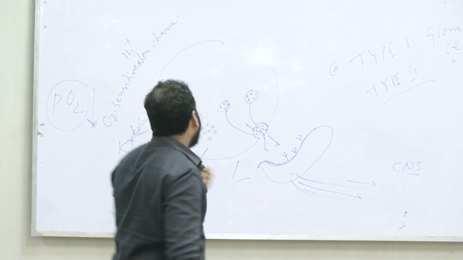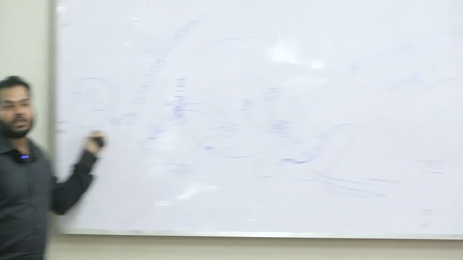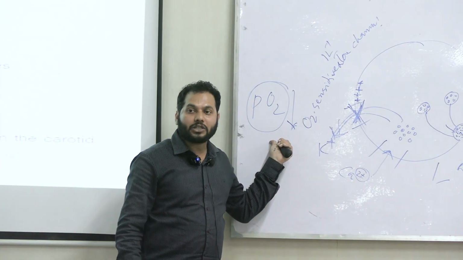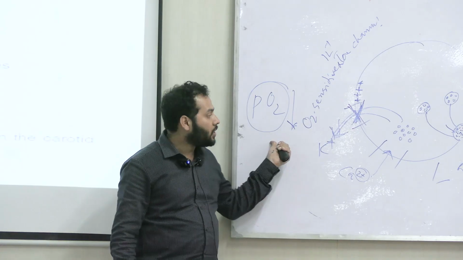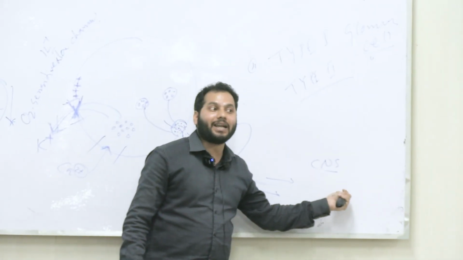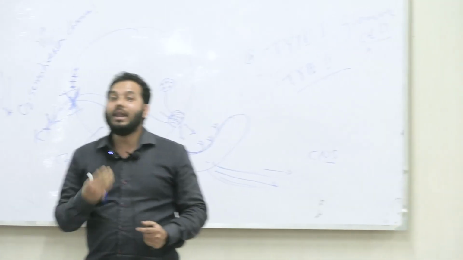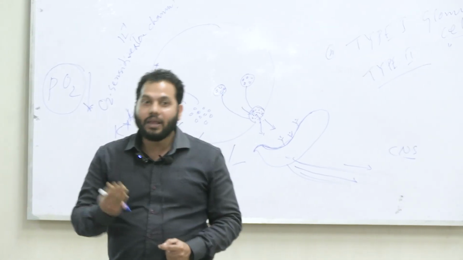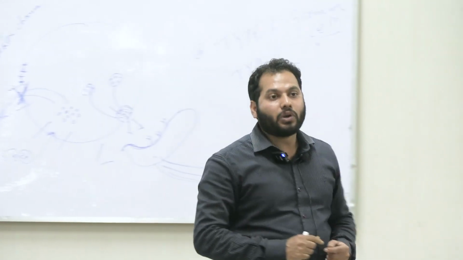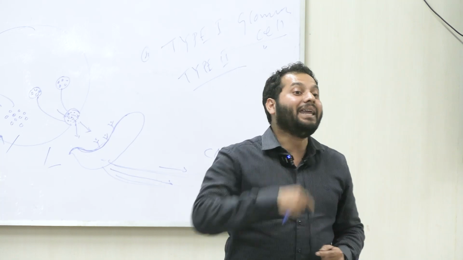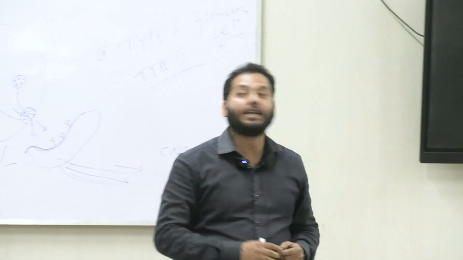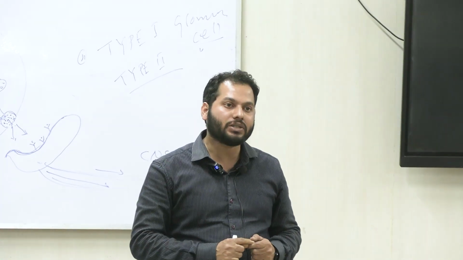So since initially the partial pressure of oxygen was less, once the central nervous system or respiratory center receives the signal, it will give the output or respond by increasing the rate of ventilation as well as the depth of ventilation.